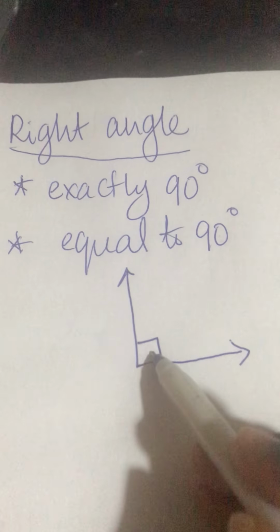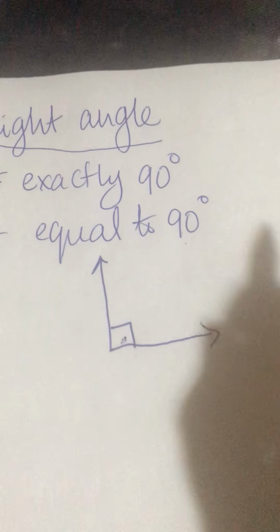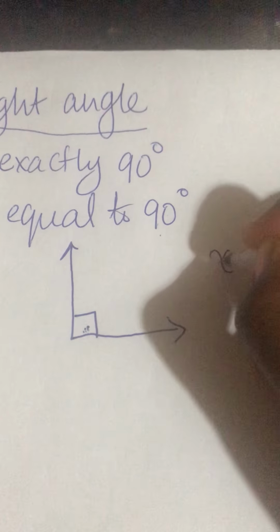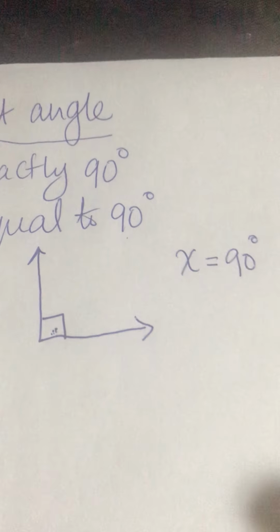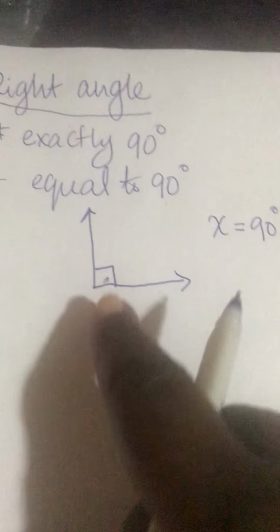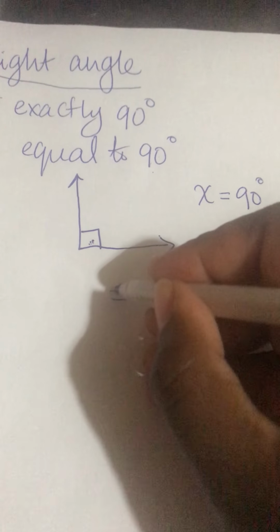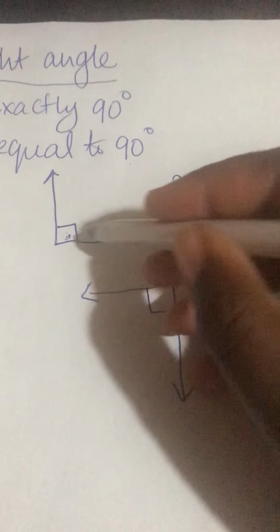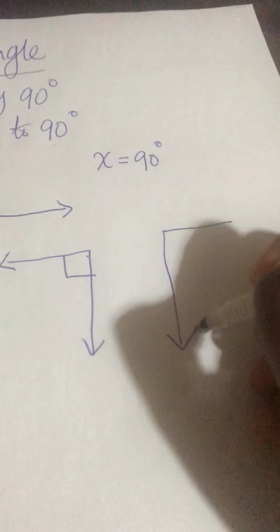The minute you see this box, this is the symbol for 90 degrees. How do you write it using math? X equals 90 degrees. The picture looks like a 7. As long as you see this box, it can look like this.